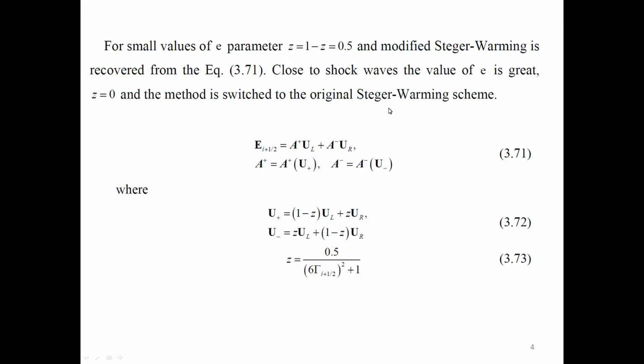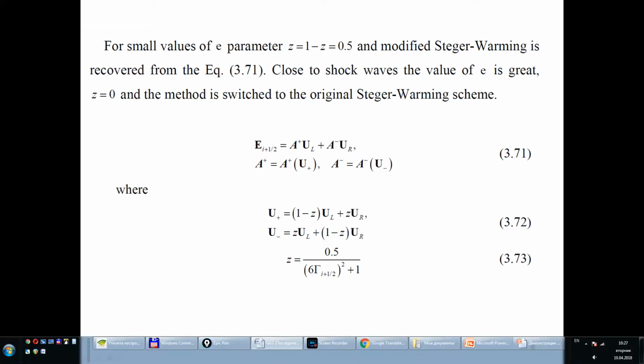For small values of E, the parameter Z is equal to 1 minus Z, and both are equal to 1/2. And so the modified Steger-Warming scheme is recovered from equation 371.